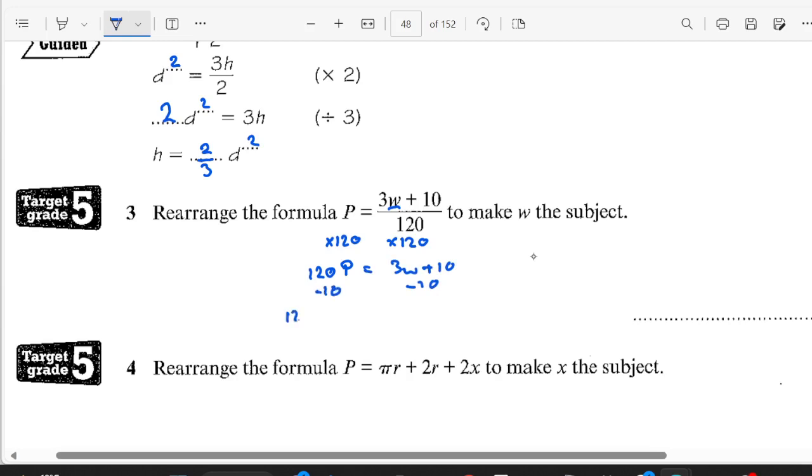So that would be 120p minus 10 is equal to 3w. I would then divide both sides by 3, and then I would write this, switching it over, as w is equal to 120p minus 10 all divided by 3.